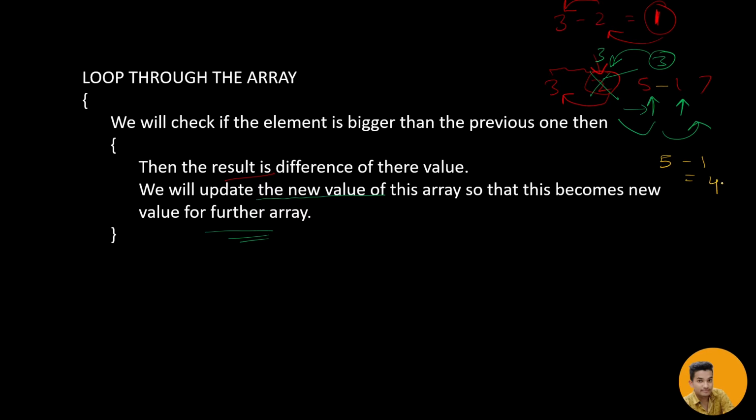If we add the 4, then this new value will become 5. So that's what we are going to update, and we'll move further. Now we'll reach the end of the array, hence we are going to display this modified array. And now we'll see the coding part of this.